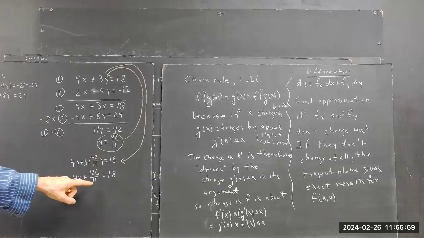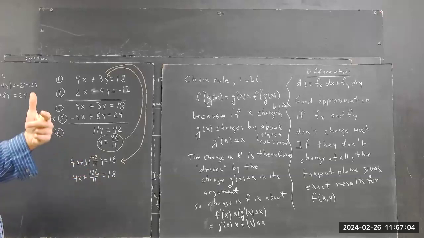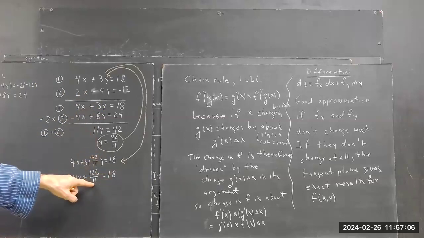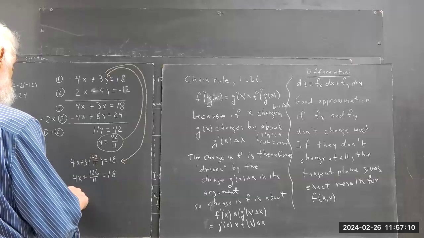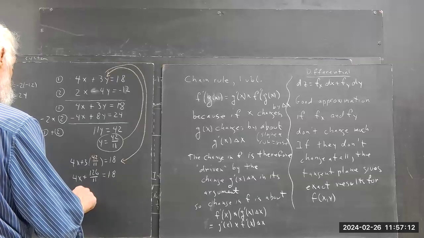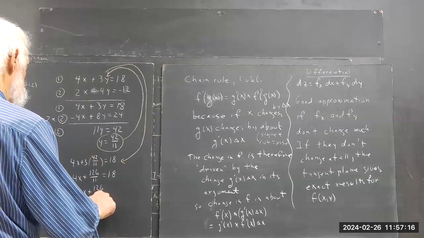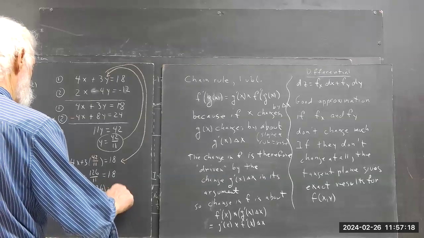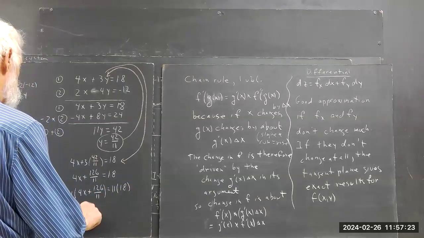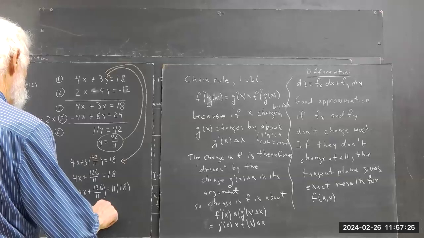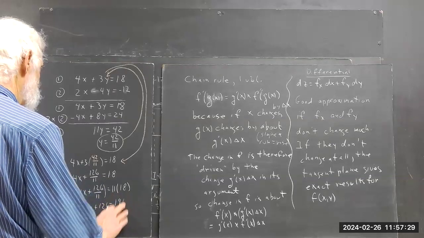But when you have an equation, you don't ever need to put anything over a common denominator. You just multiply by a common denominator. And in this case, we're going to multiply by 11. And we get 44x plus 126 equals 198.